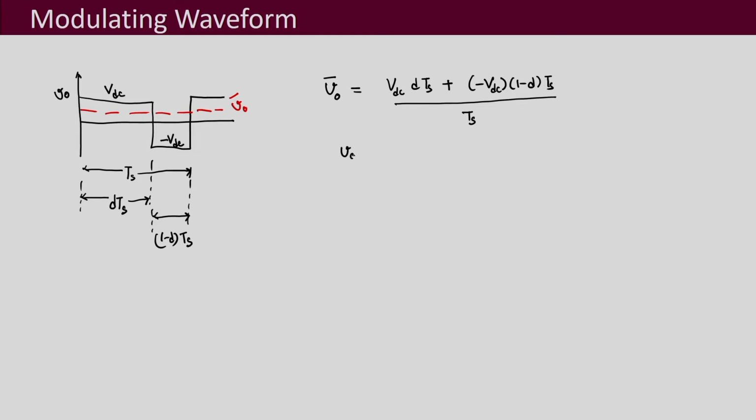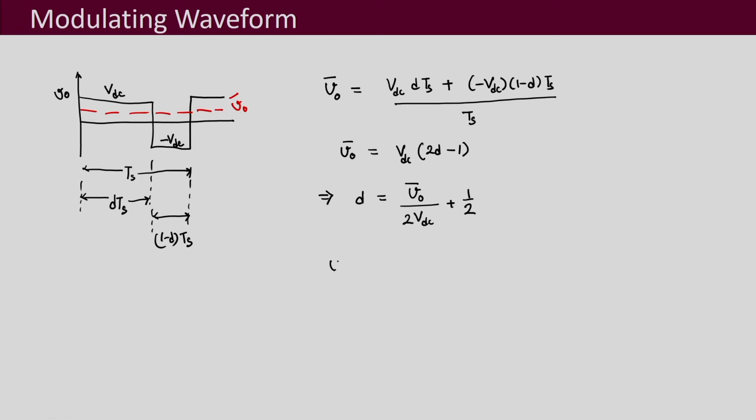Further, what you get from this is VDC into (2D minus 1), which is what your VO bar is equal to, from which you can write D as equal to VO bar by 2 VDC plus half. So using this equation you can obtain the duty ratio.